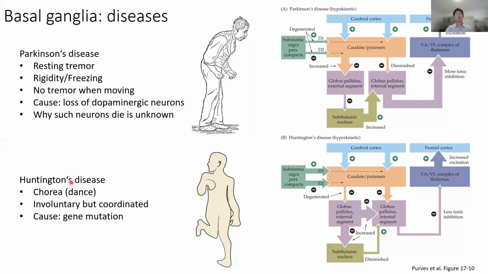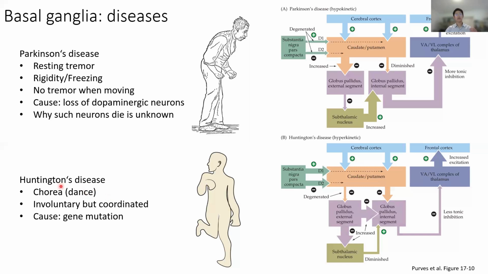And another disease, which has kind of the opposite effect of Parkinson's, is called Huntington's disease. Huntington's disease is very complex, and I will only talk about one of its symptoms, called chorea. It means dancing. It's probably like a dance. They have involuntary jerk movements.